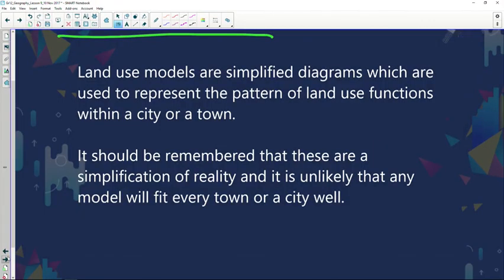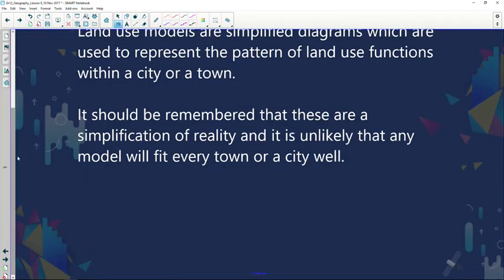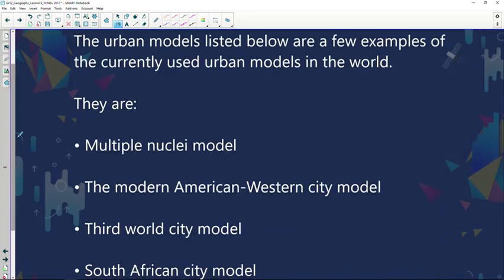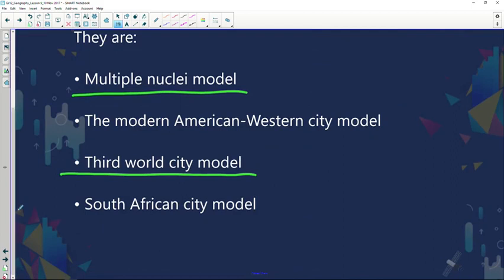Now, this is just a simplification, just to show you the basis of how towns and cities were developed according to land use zones. The land use models we're going to have a look at are the multiple nuclear model, and the modern American Western city model, which doesn't actually apply to us. Third world city models, that's for instance South America and most of Africa, and we're going to look at the South African city model. That's quite unique because we're coming from an apartheid era and our cities were developed according to the apartheid laws.